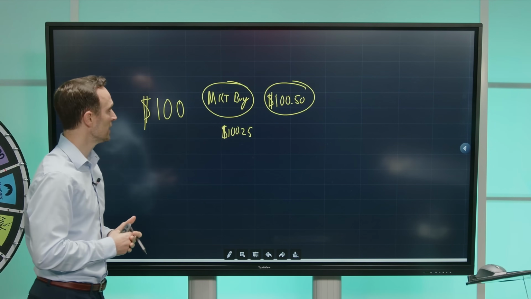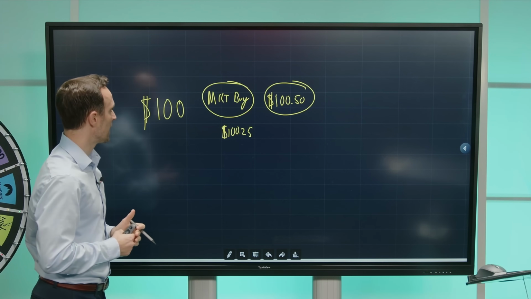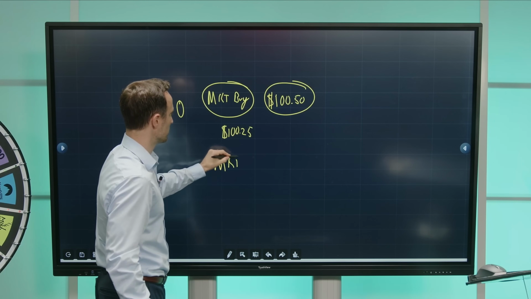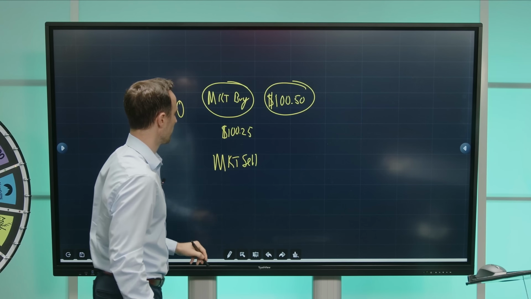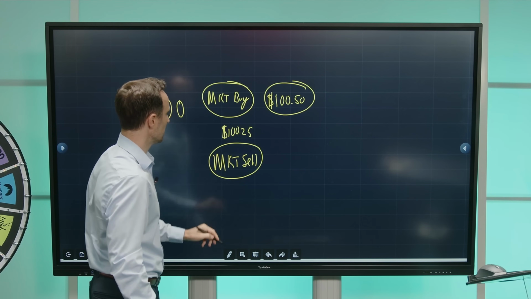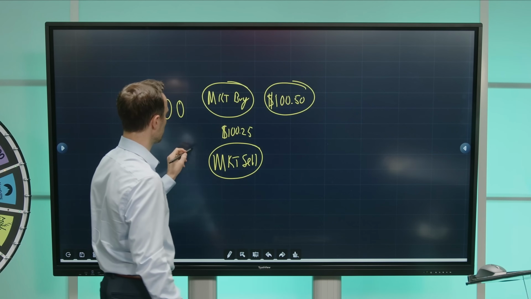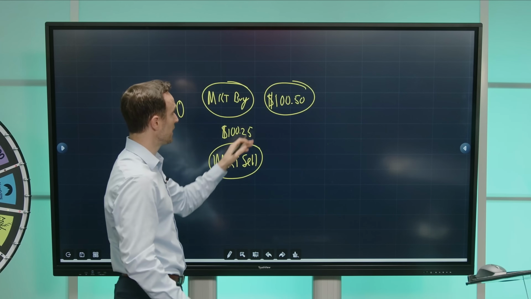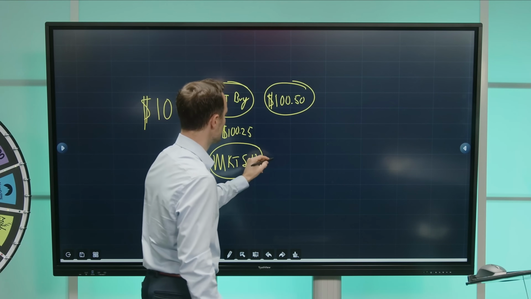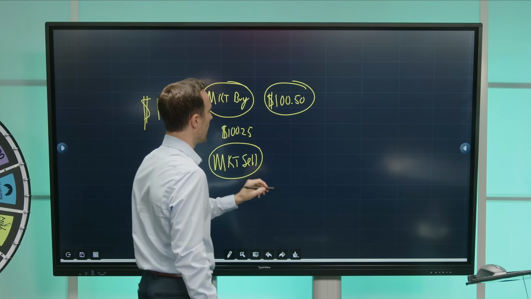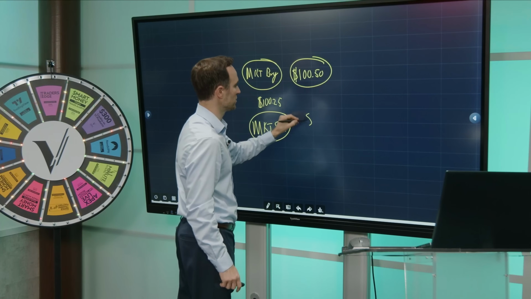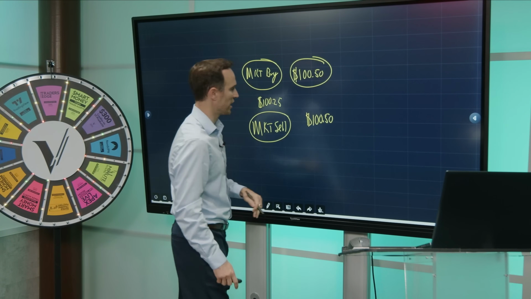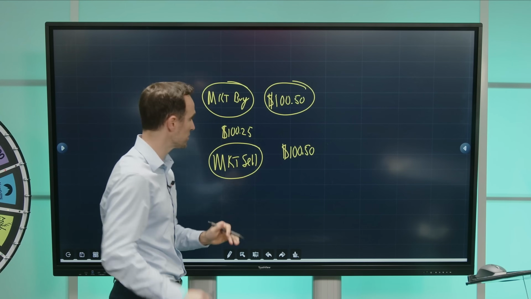Let's say on the flip side that instead of a market buy, you wanted to short the stock, right? So market sell. Let's say again that the stock is currently at $100, but the bid-ask spread is about 25 cents. So you want to short the stock at $100.50, but you say, get me in short on the stock.